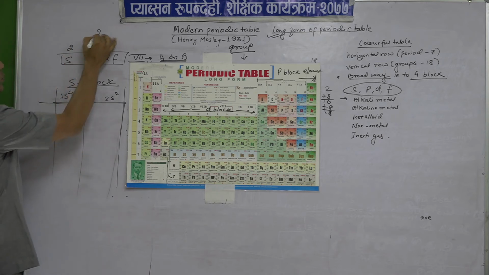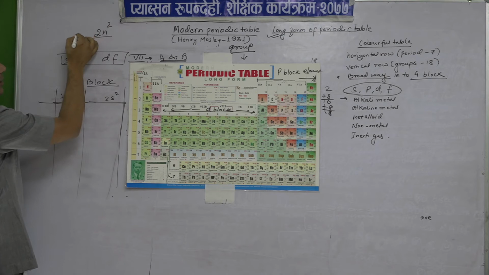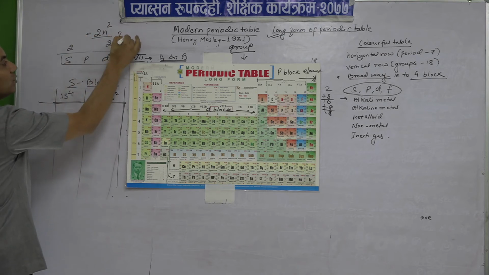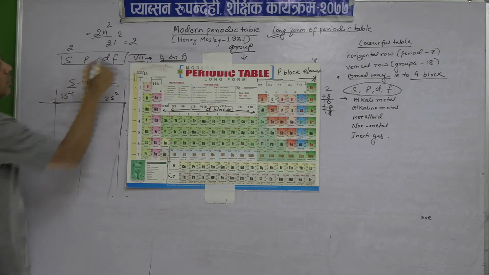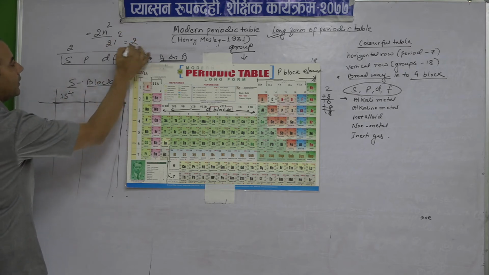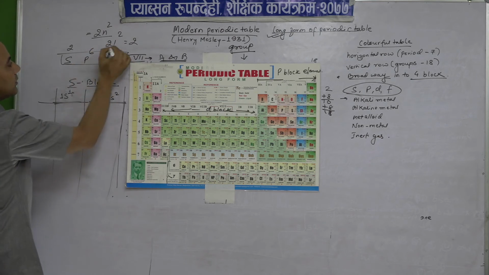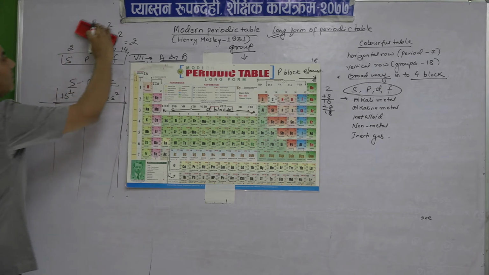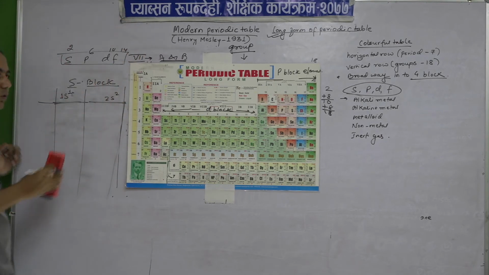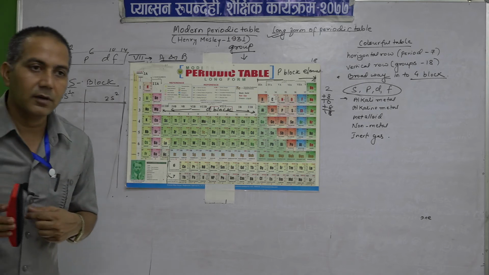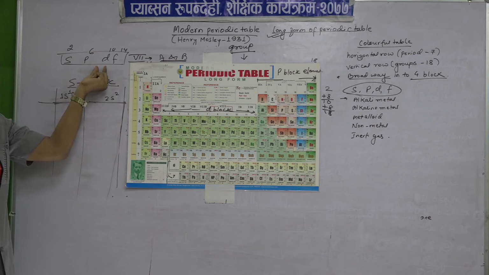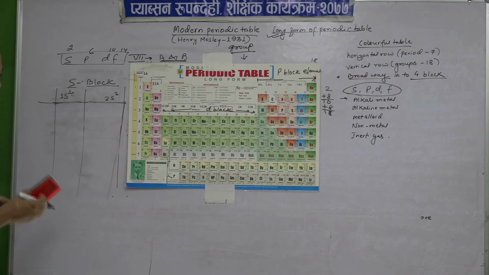You have studied the 2n square formula for the distribution of electrons. That means 2 into 1 square is how many electrons? 2. Then P is 6, D is 10, F is 14. That means in the S block 2 electrons can be arranged, in the P block 6 electrons, in the D block 10 electrons, and in the F block 14 electrons.